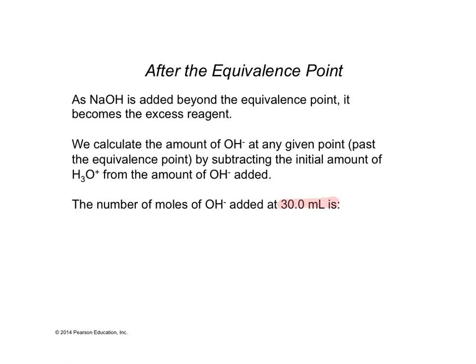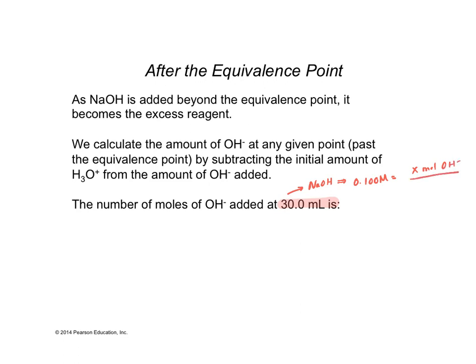How are we now going to calculate the pH of this solution? Right, so it's going to be the exact same initial starting point that we've done for all of these other volumes, right? I'm going to take my volume of sodium hydroxide. I've added 30 mils at this point in time. I'm going to take my volume and multiply it by the concentration to solve for the number of moles of OH minus that I've added.